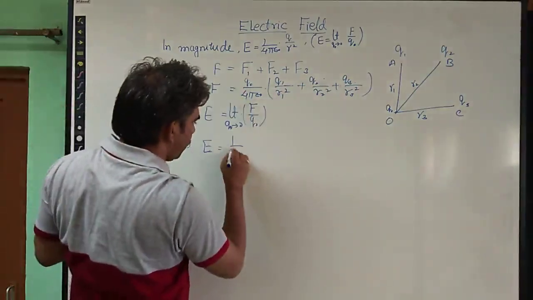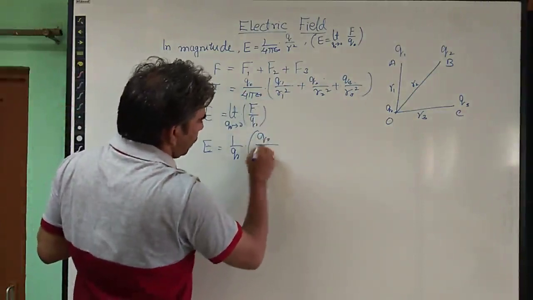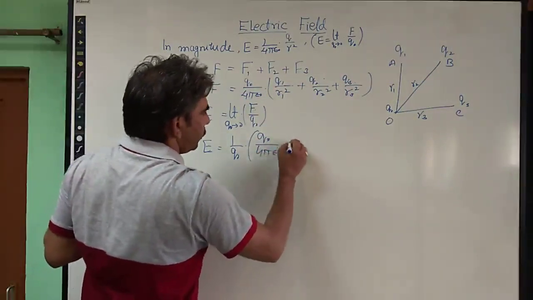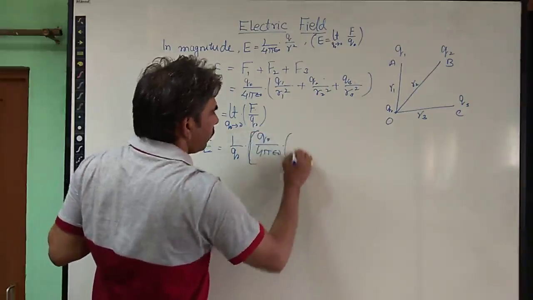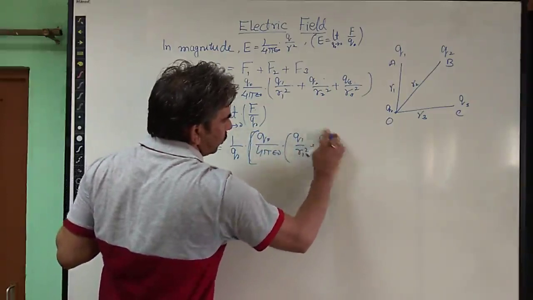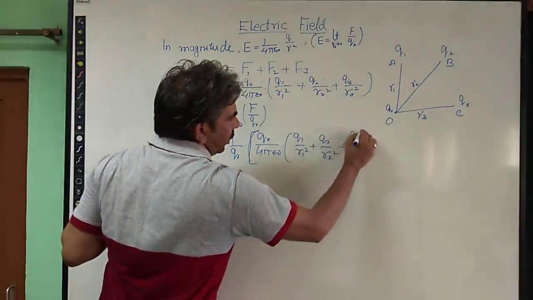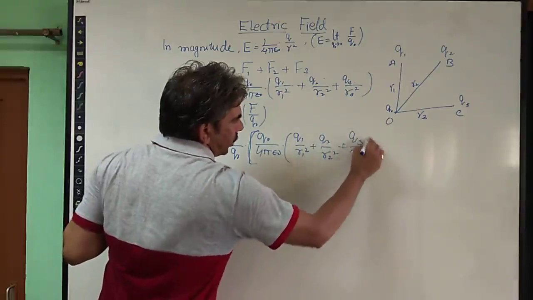So we can write it as 1 upon Q naught into the electrostatic force, Q naught upon 4 pi epsilon naught into Q1 upon R1 square plus Q2 upon R2 square plus Q3 upon R3 square.